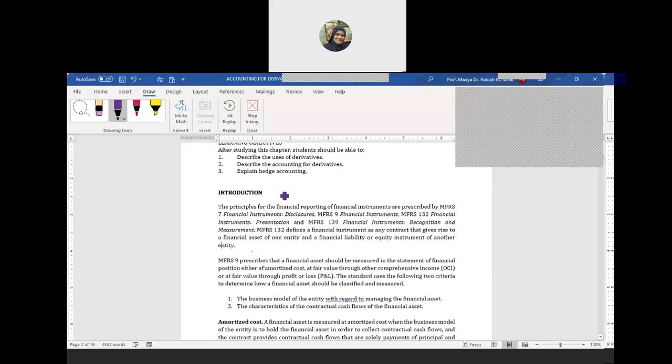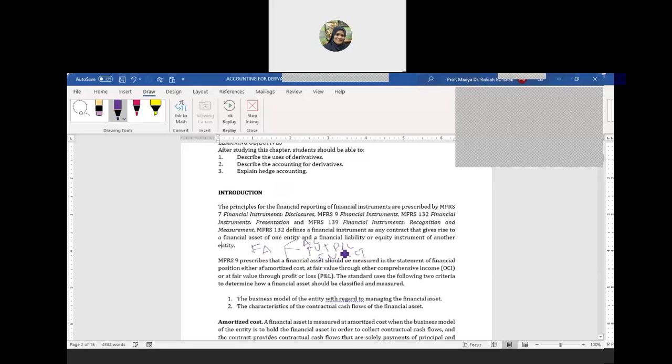asset. Okay, for financial asset, according to the standard, which is MFRS 9, we have three categories of financial assets. Either at amortized cost, fair value through profit or loss, and then the other one is fair value through other comprehensive income.